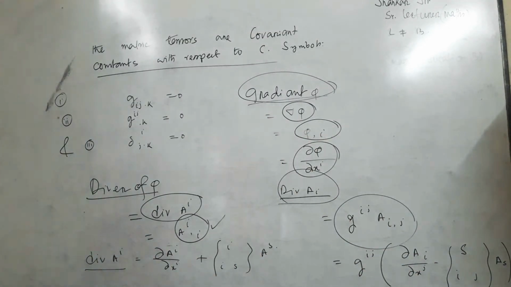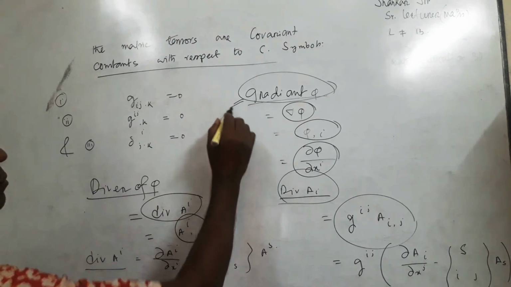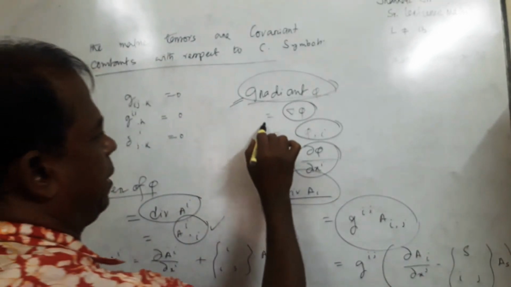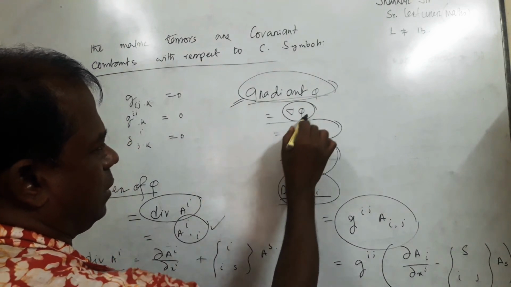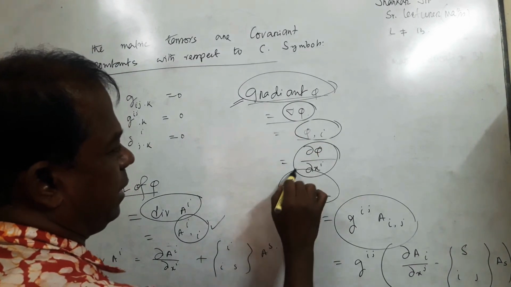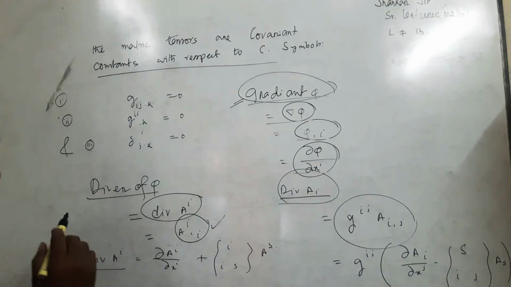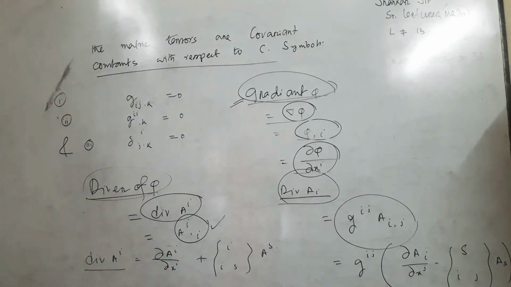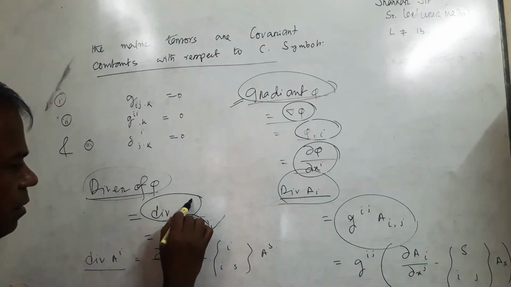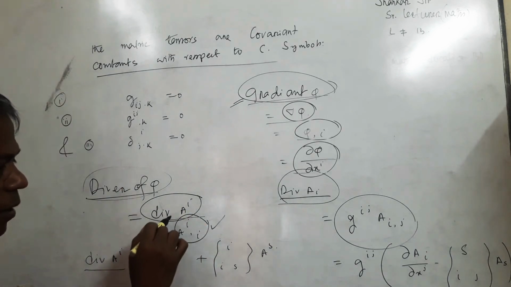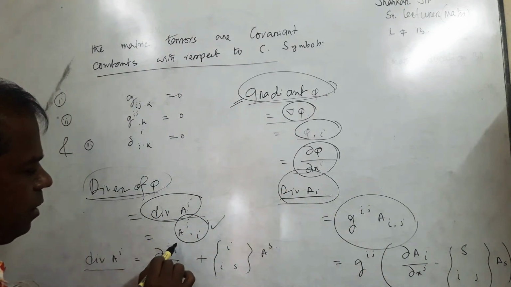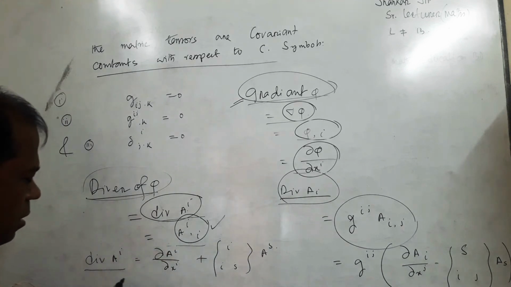Firstly, the gradient of phi. You have to memorize it deeply. The derivative of phi is a tensor. But the divergence of phi means div of A^i, covariant and contravariant, denoted by A^i,i.